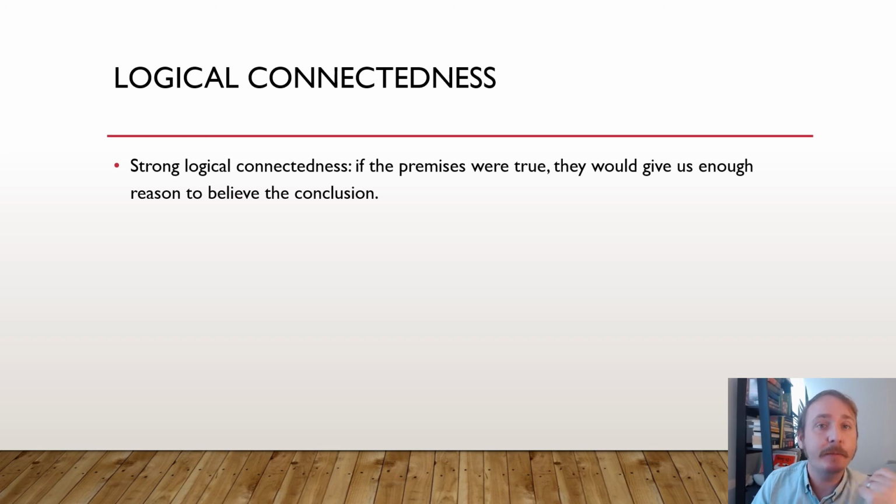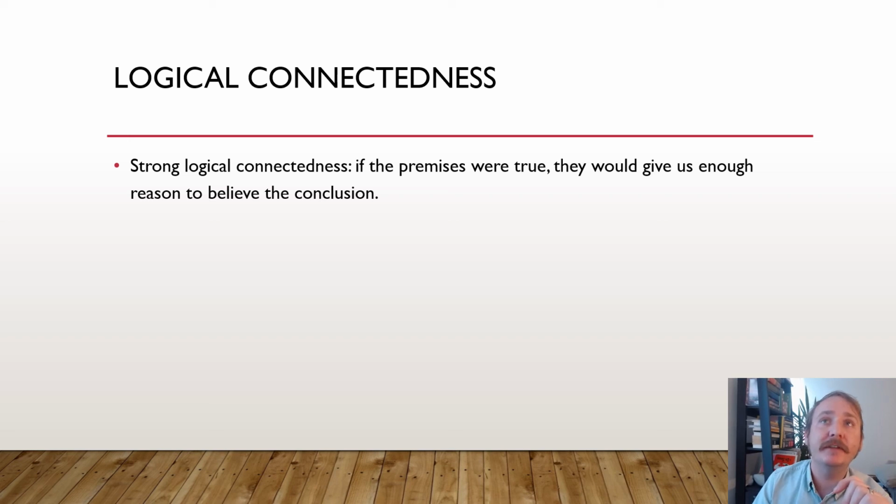They support the conclusion quite well, meaning that we should believe the conclusion as long as we believe the premises. Note that that doesn't mean that the premises actually are true. You can have an argument that has strong logical connectedness even though the premises are false, and so technically we shouldn't believe the conclusion.